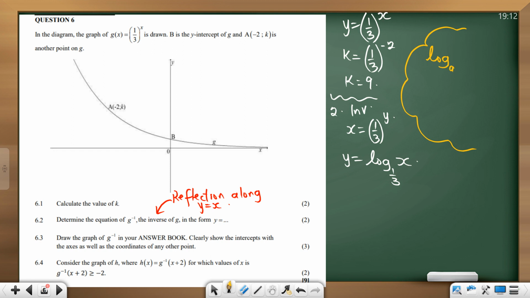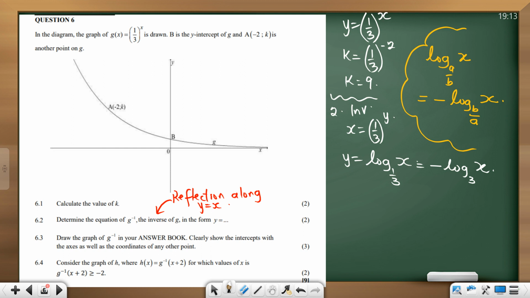Log base a x, please write it as negative log, very, very important. 1 over 3, I'm going to change the 1 over 3 into what? 3 over 1. If I do that, this answer then becomes what? Negative log 3. Please. Very important. I'll show you where this will be a problem. Once you see an inequality sign, we are going to have a big problem.